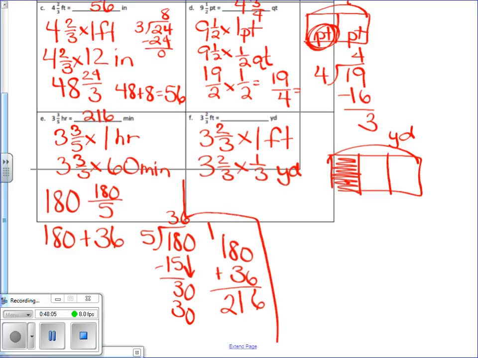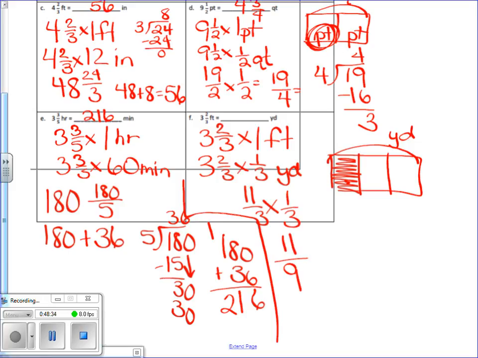I cannot multiply these two together. I have to make this an improper fraction. 3 times 3 is 9, plus 2 is 11. Parker, are you writing any of this down? Times 1/3. 11 times 1 is 11. 3 times 3 is 9.